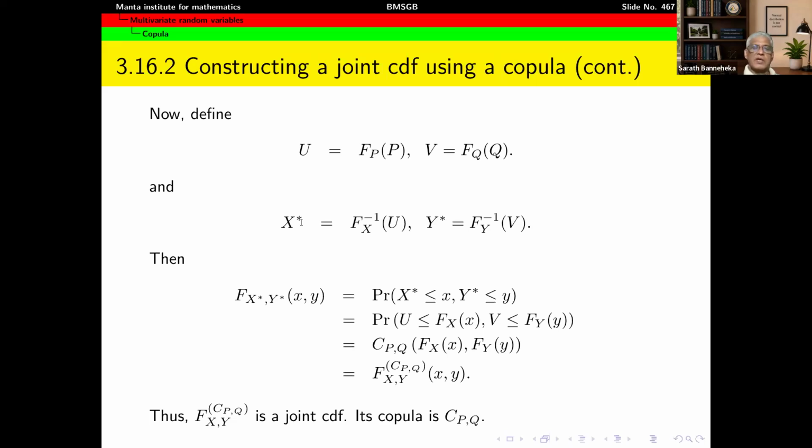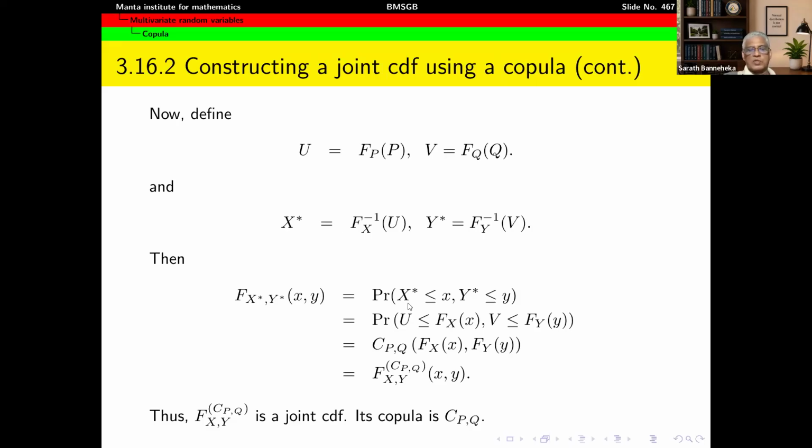And let's define X star to be Fx inverse of U. So first get the U value using P, and the V value using Q, and then transform those U and V into X star and Y star by considering the inverse CDF of X and the inverse CDF of Y. If you look at the joint CDF of X star and Y star evaluated at some value (x, y), by definition it is equal to this expression.